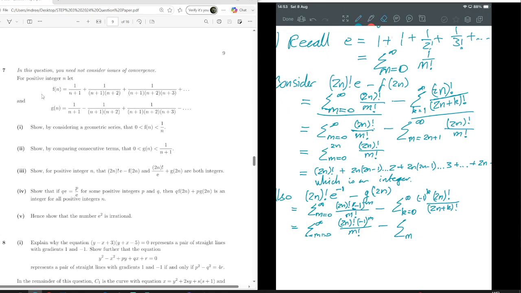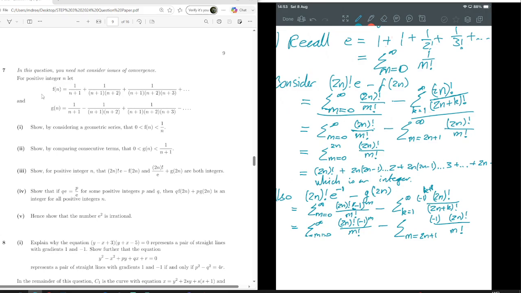And actually, because I changed this, I do want to keep this the same bound as my k. So I'm going to change this up here to k plus 1. Because otherwise I need to change what's in here, and I'm not going to enjoy doing that as much. So the starting value is now 2n plus 1. So I've got m factorial on the denominator. I've got 2n factorial on the numerator.